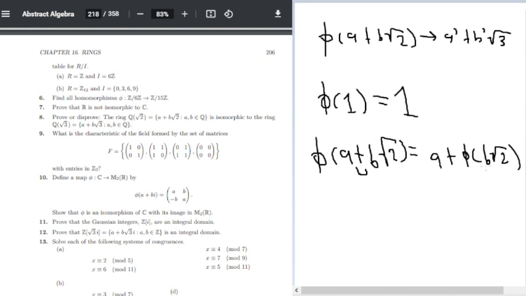Right, so if phi of 1 is 1, and phi of a is not equal to a.